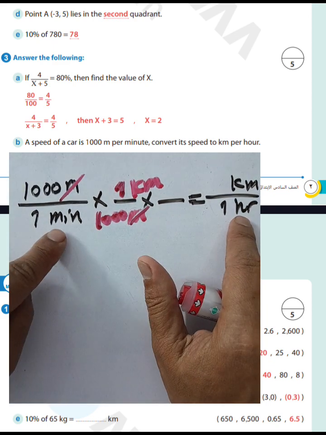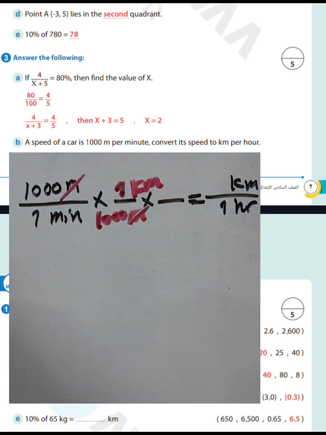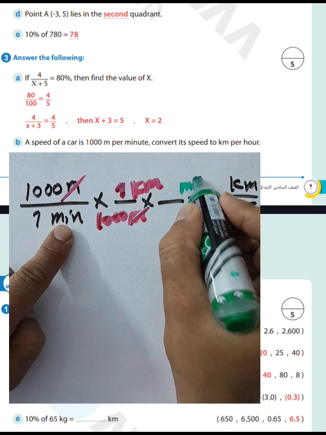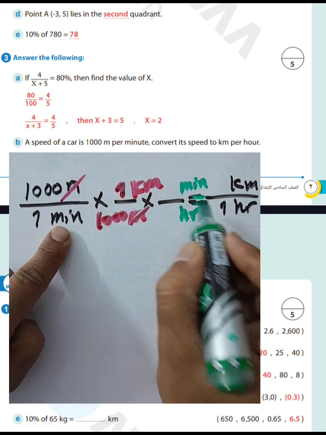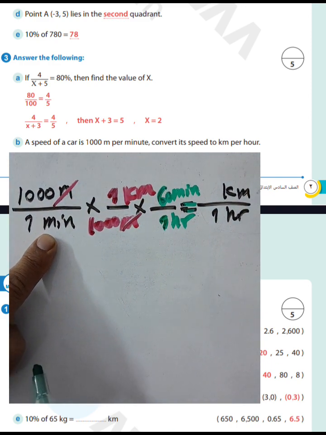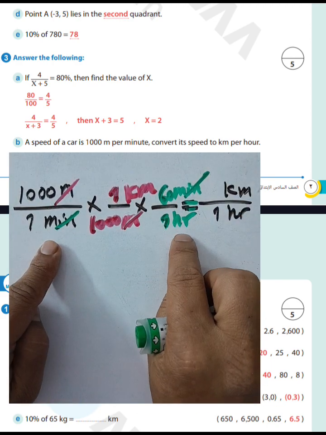You must cancel minute. Write minute up in the numerator to cancel minute, and write hour down. And we must know 1 hour equals 60 minutes.